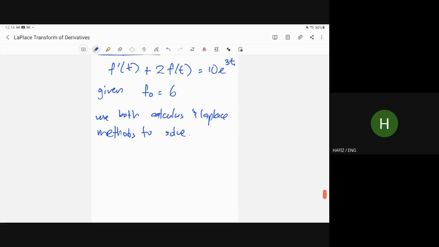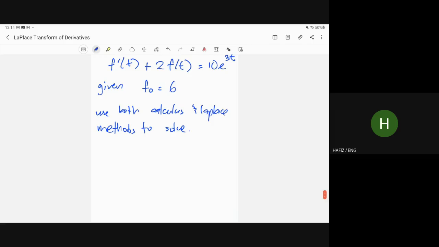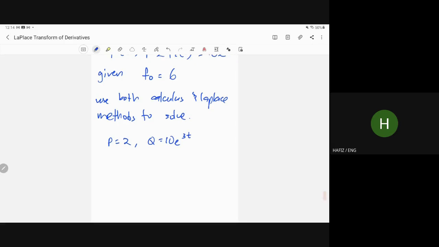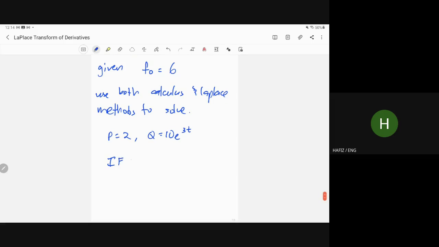Okay, similar to the first example just now, this is a linear differential equation, which means we can use the same IF method. Okay, we identified P as 2 and Q as 10e^(3t). So the integrating factor is e to the integration of P dt, and you get e^(2t).